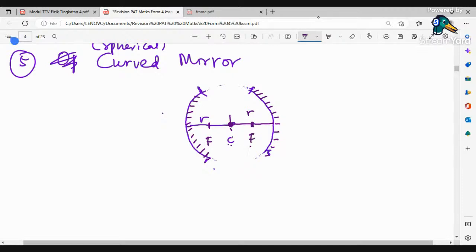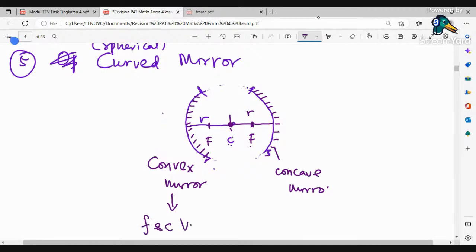Midpoint. Okay, so convex, ini convex mirror. This one is concave mirror. Okay, that's why for convex mirror, F and C virtual.